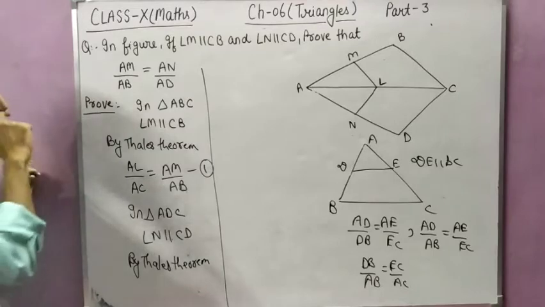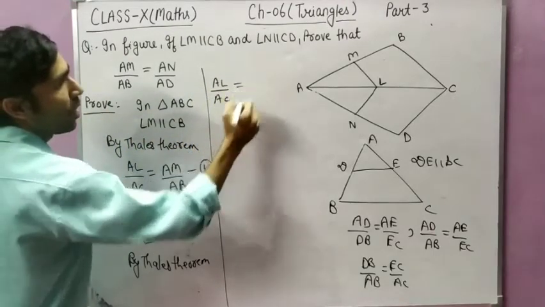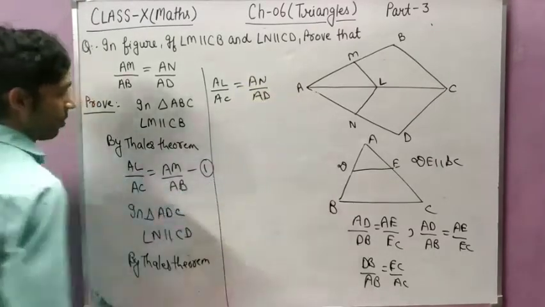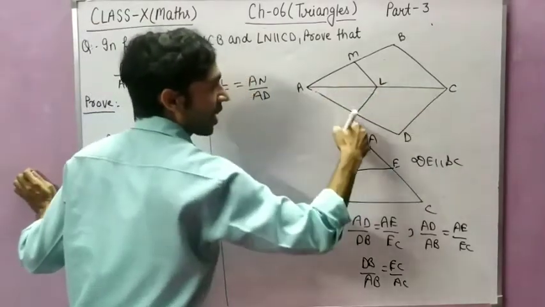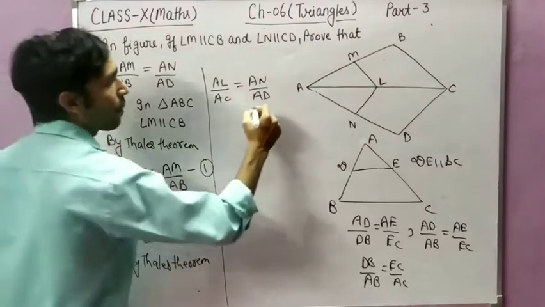What can we write, students? AL by AC is equal to AN by AD. So in these two triangles we have applied Thales theorem.